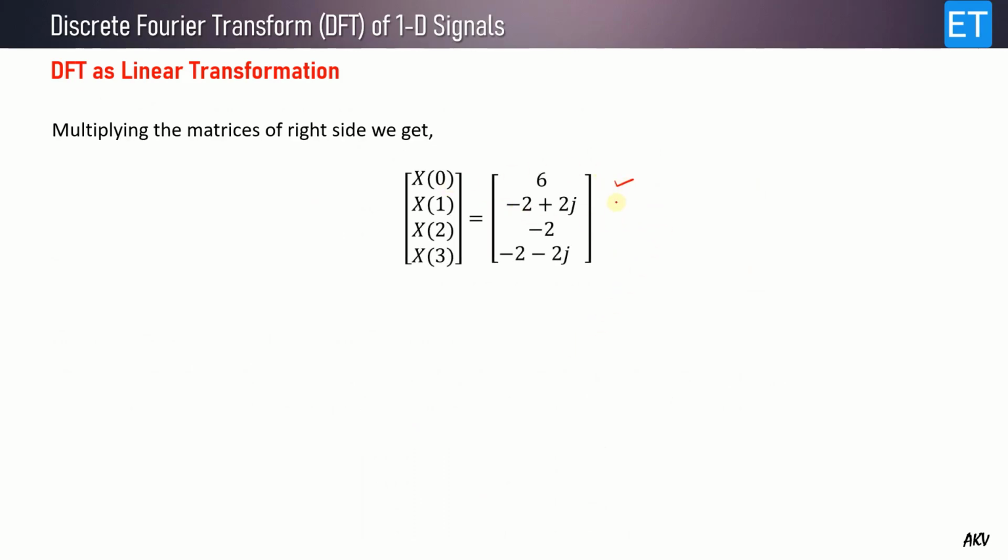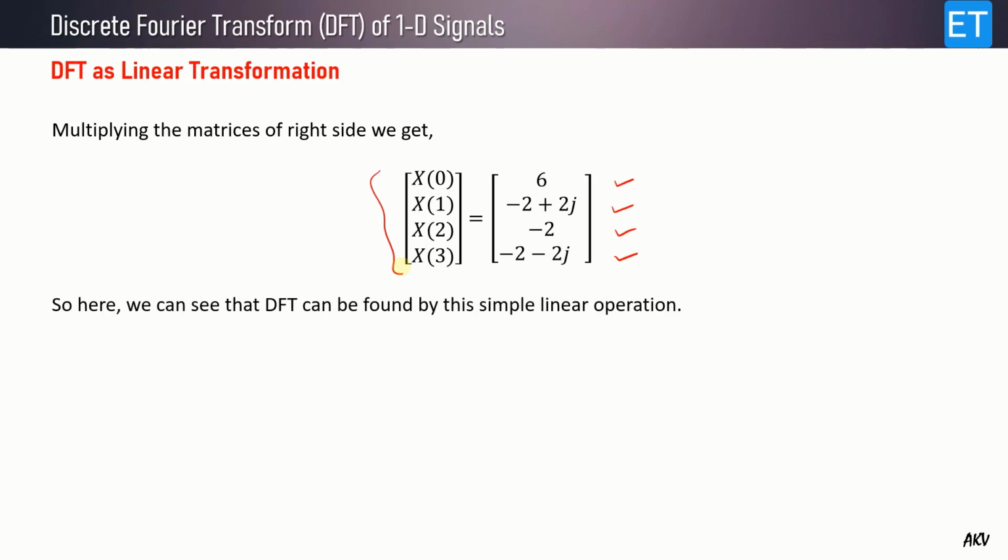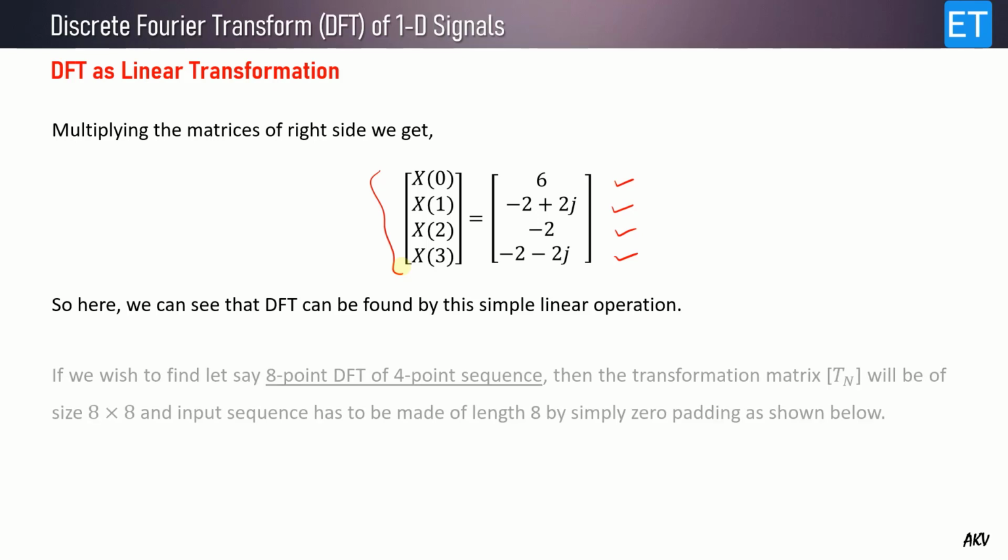So I'm getting 6, minus 2 plus 2j, minus 2, minus 2 minus 2j. So with DFT as a linear transformation, you can easily see how the DFT can be computed very easily. It's just an exercise of multiplying the two matrices.